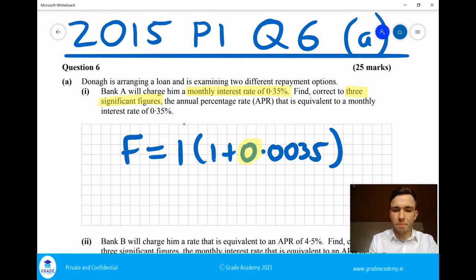And we're investing it for 1 year. Because this is a monthly interest rate, we also have to put our T in months. So that is going to be 12, because we're investing for 1 year.